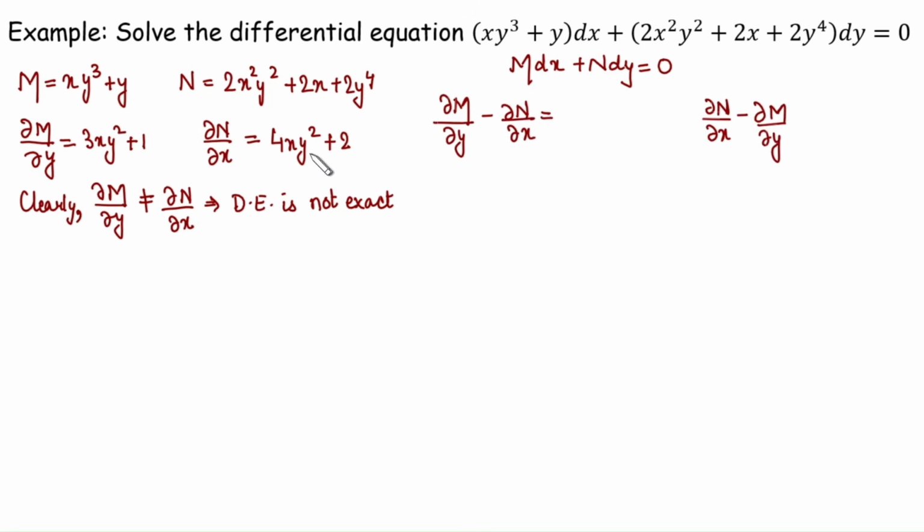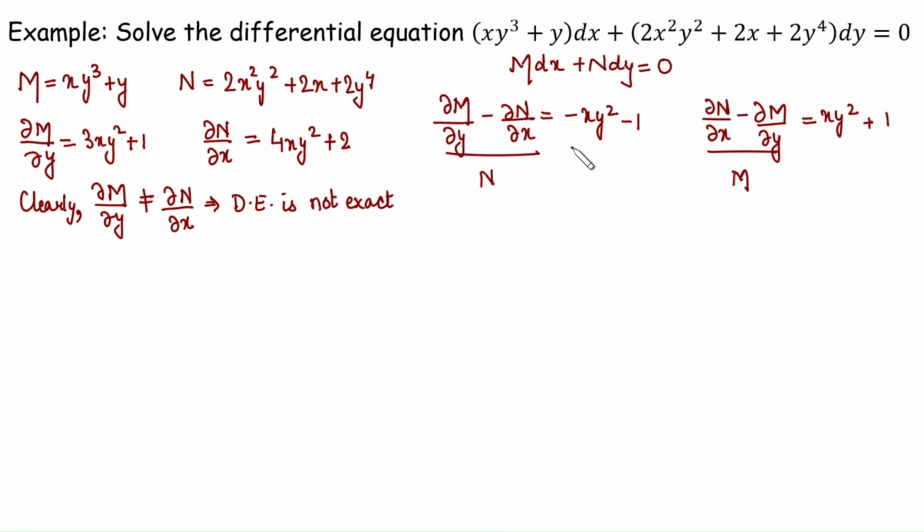When you take the difference between these two, it results in minus xy square, 1 minus 2, that is minus 1. In this case, 4xy square minus 3xy square is equal to xy square. 2 minus 1 is plus 1. In this case, we need to divide by n, and here we need to divide by m.